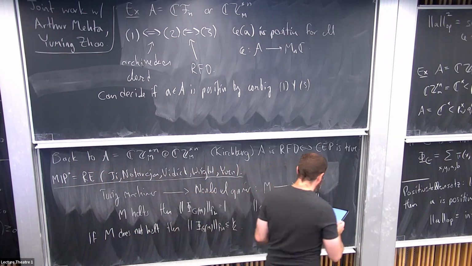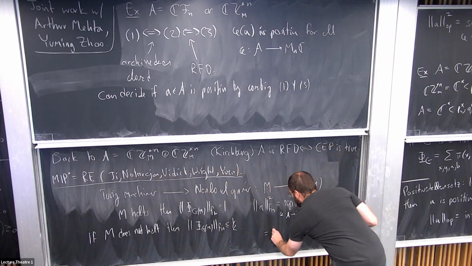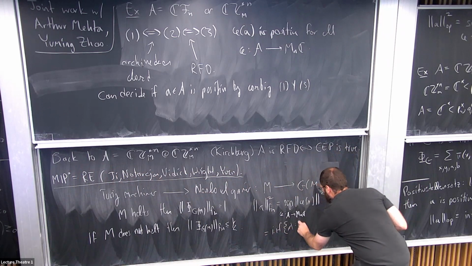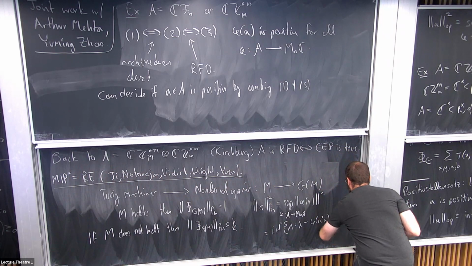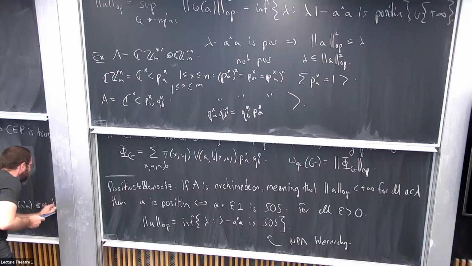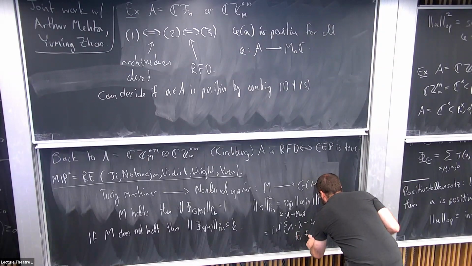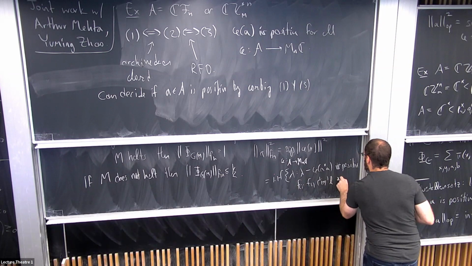We could rewrite this norm as squares back in, as an infimum over lambda such that lambda minus phi(a star a) is positive for finite dimensional star representations.